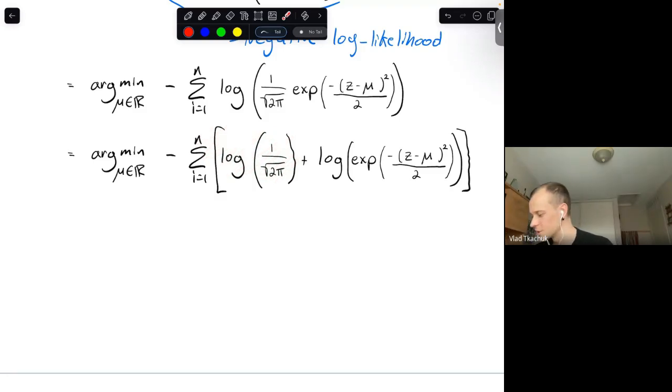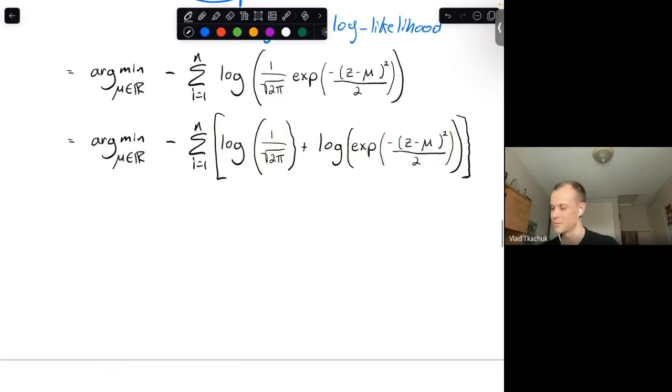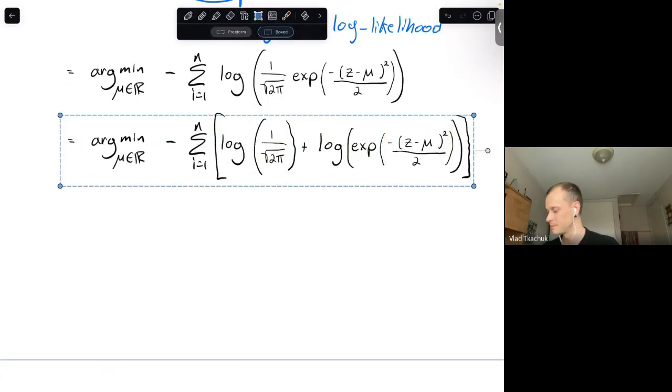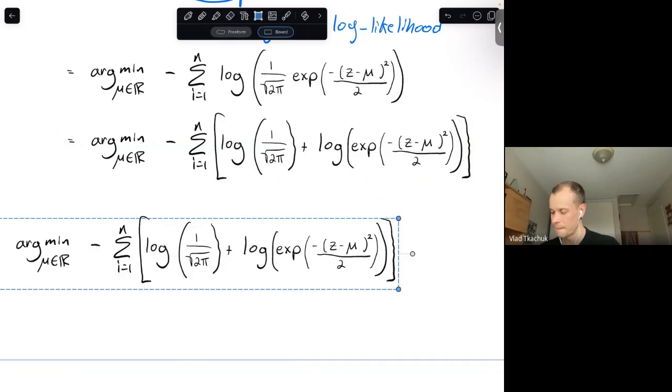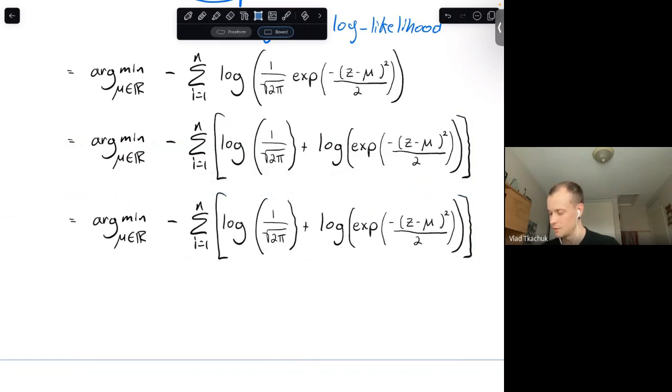The second thing to notice is here I'm taking the logarithm of the exponential. And if you remember, the logarithm of an exponential is exactly just the inner thing. Why? Because the logarithm is asking e to what power gives me this thing. And here this is e to the power of something. So e to what power? Well, exactly this power. So that allows me to simplify this quite a lot. And what we do is we get to here, remove this.